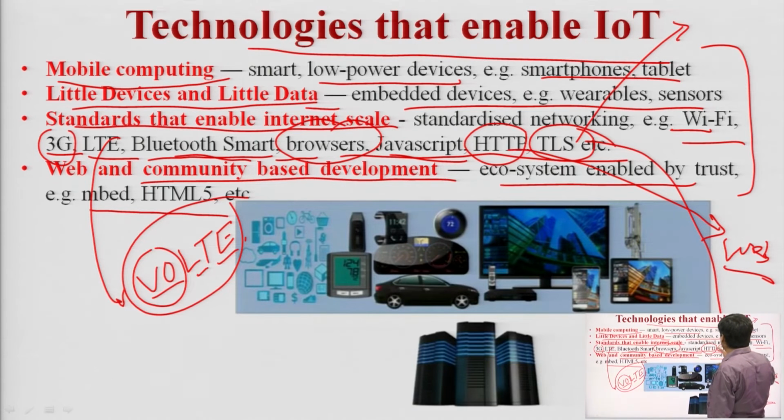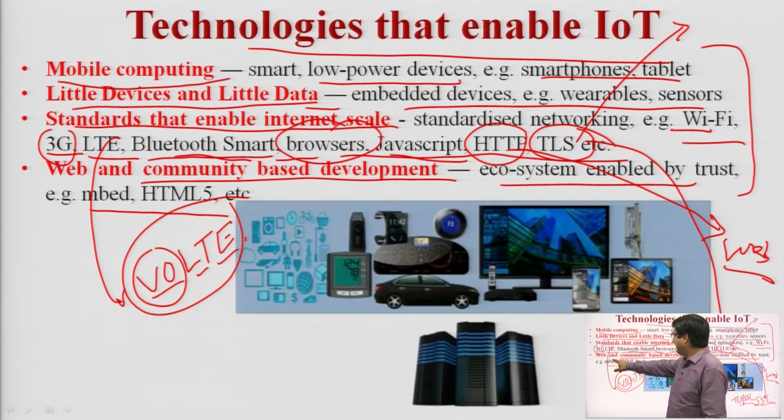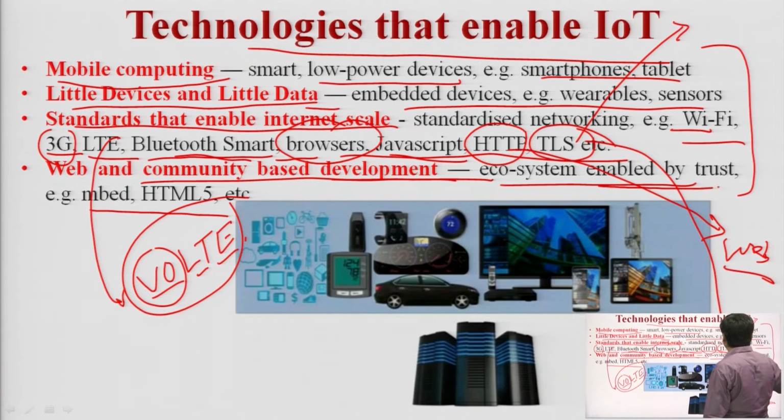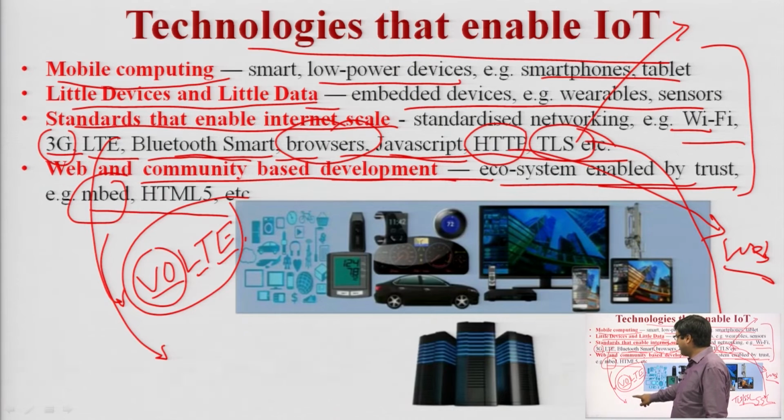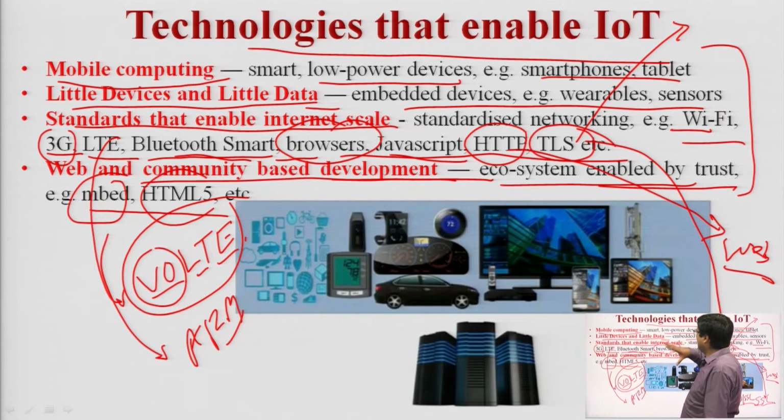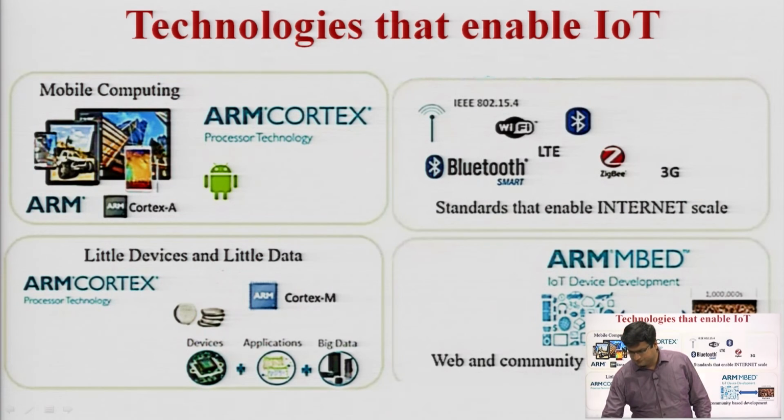So there should be protocols so that effective communication can be done between devices. Web and communication based development ecosystems: Mbed is basically open source software used in ARM processors. HTML5 too; these are the technologies we are using in our IoT devices.